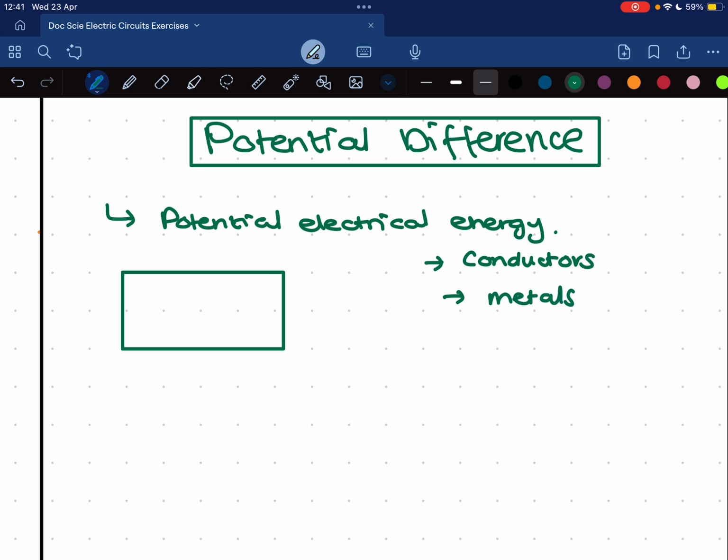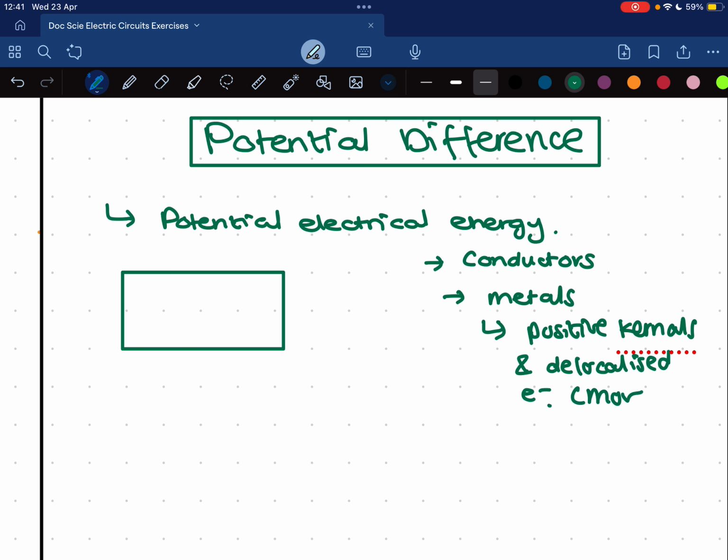So all metals are conductors, and the reason why is because they have these positive kernels and a sea of delocalized electrons. The delocalized electrons means that those electrons are going to move.